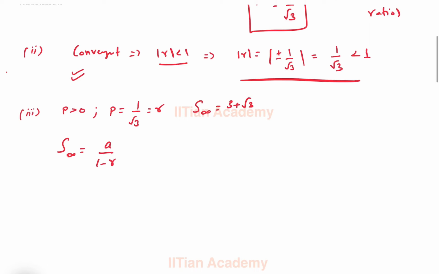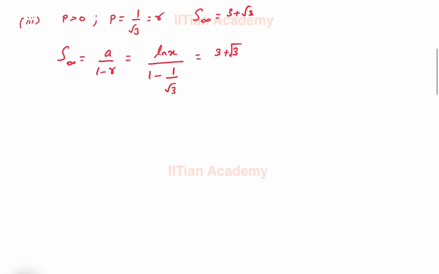Now the formula of S infinity is first term divided by 1 minus common ratio. So here our first term is natural log of x, and 1 minus the common ratio is 1 by root 3.